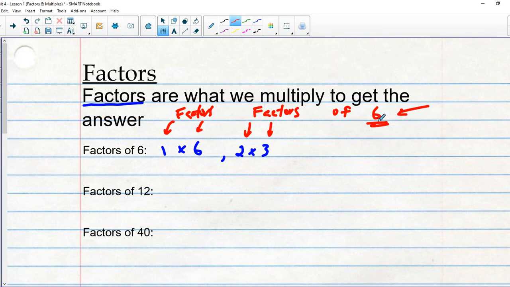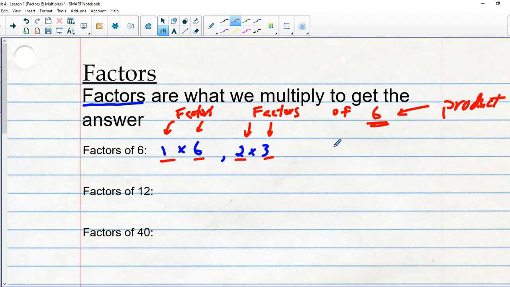Now, what is 6 then in this case? If 1 and 6 are the factors, and 2 and 3 are the factors, what word would you use to describe 6? Yeah, it's a product. It's the answer to a multiplication question.